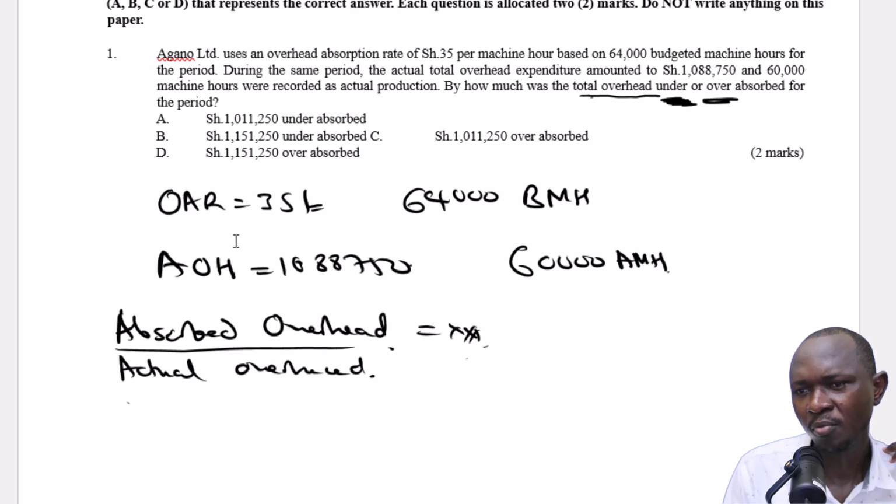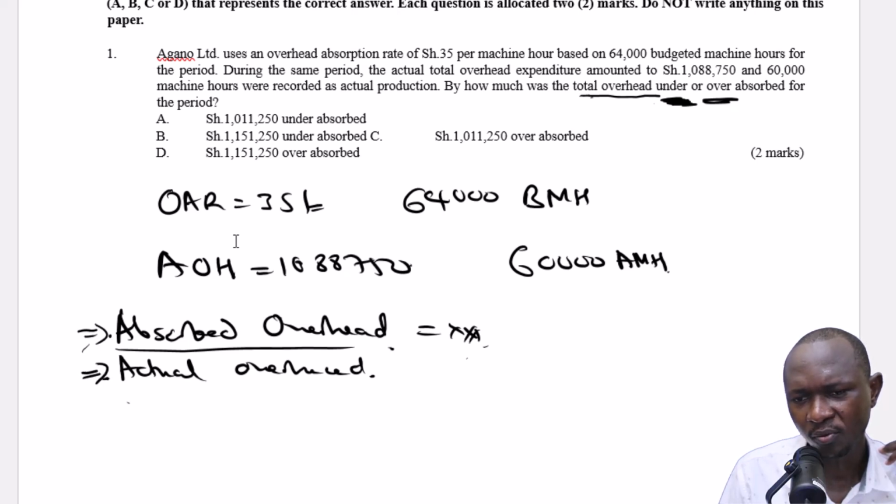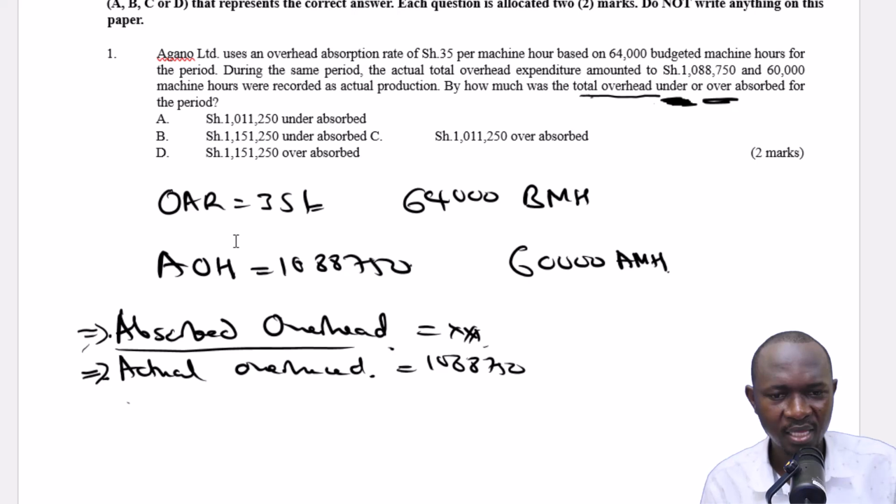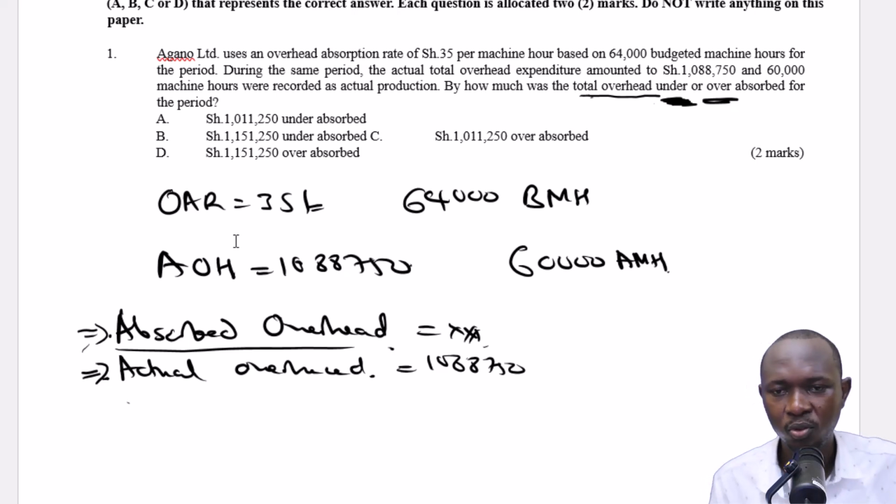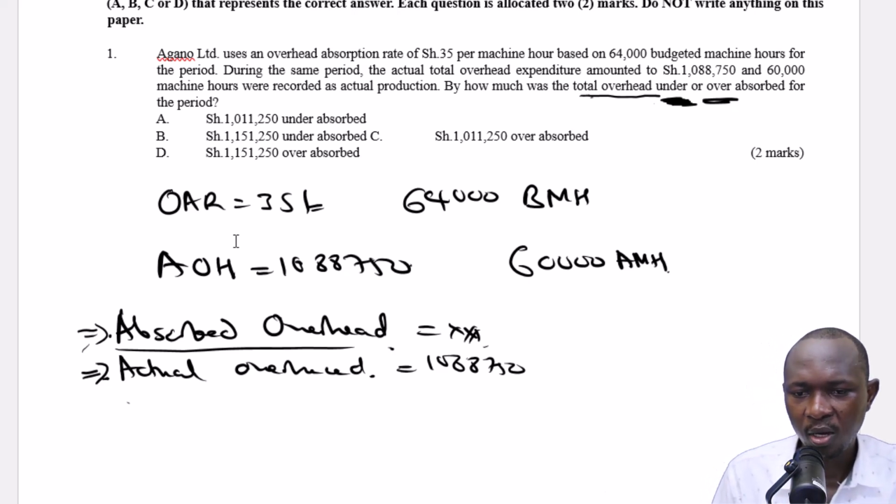The actual overhead we've been given in the question as 1,088,750. Then we just compare the two and determine whether there is an over absorption or under absorption. So how do we compute the absorbed overhead?